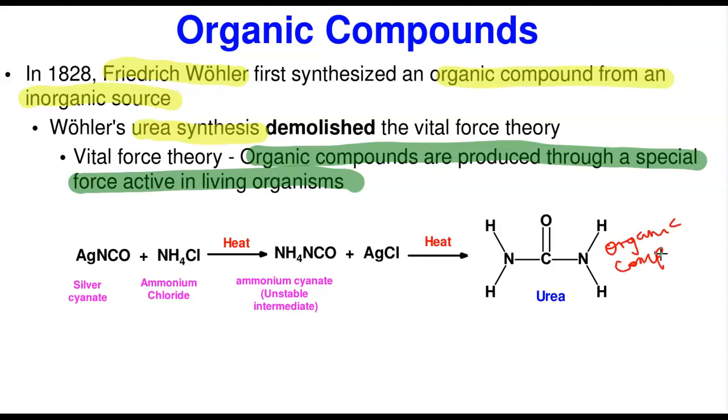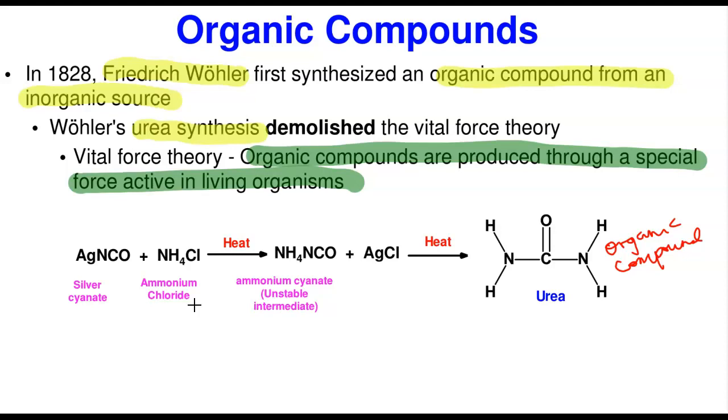Of course, urea is made from excess amino acid in metabolism, and it is the commonest excretion, particularly in mammals. So urea is an organic compound, but now it was synthesized from two inorganic substances, silver cyanide and ammonium chloride. And look at what happens here.